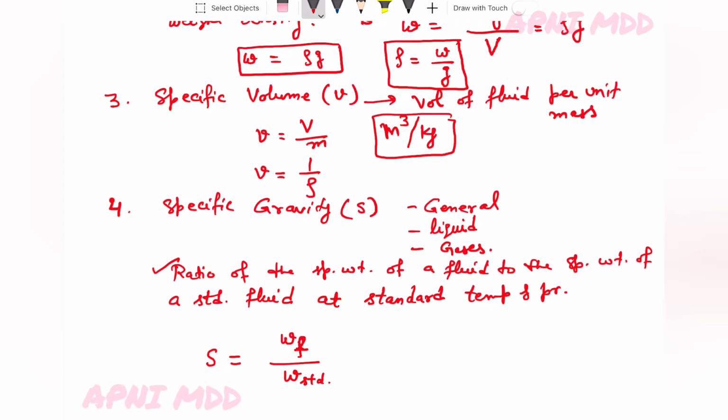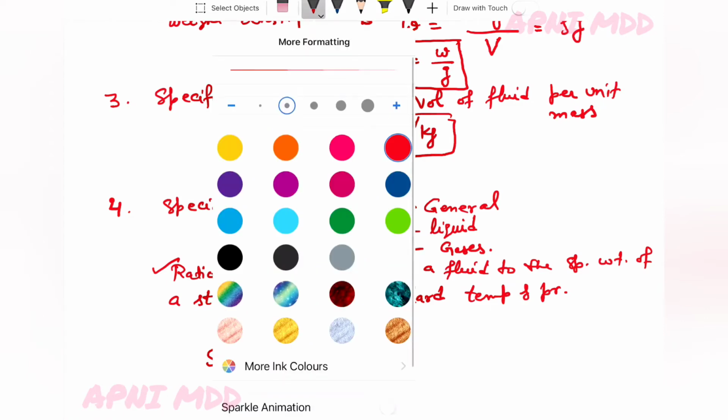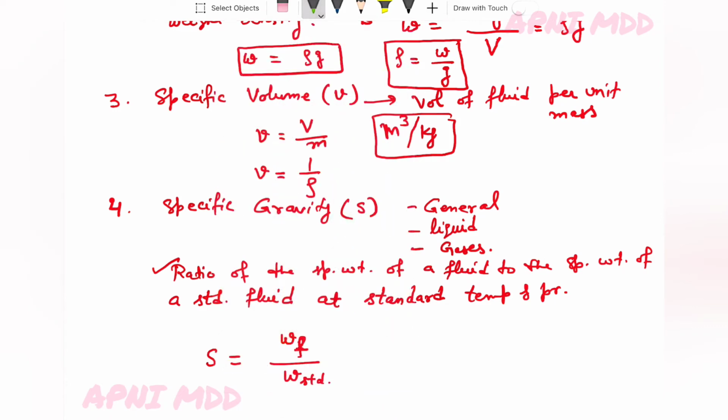Now, if we talk about liquid, for liquid, now the definition becomes the ratio of the specific weight of a liquid to the specific weight of a standard liquid at standard temperature.